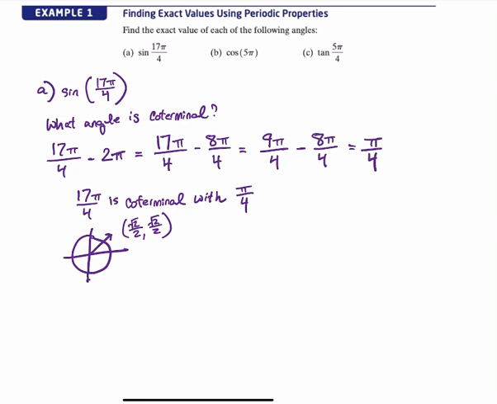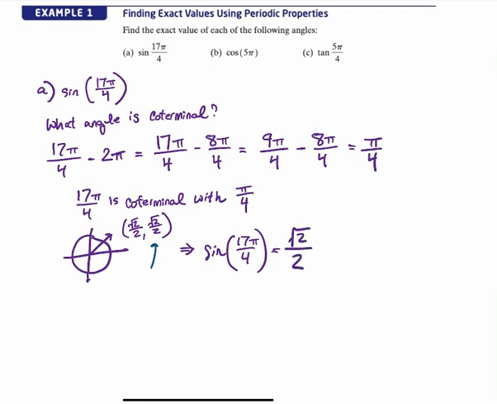And so we're looking for the sine of this angle. The sine is the y coordinate point. They're both the same here, but in other cases they'll be different. So I can say the sine of my angle, 17 pi over 4, is going to be equal to root 2 over 2.